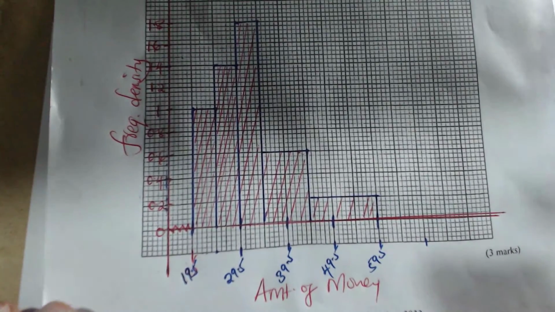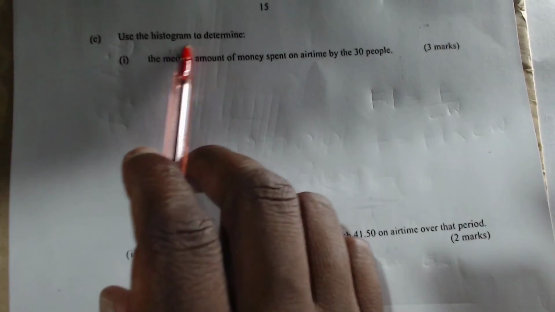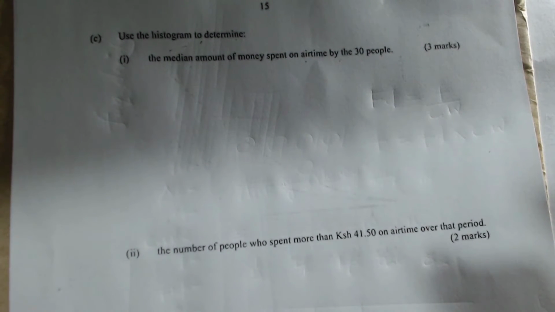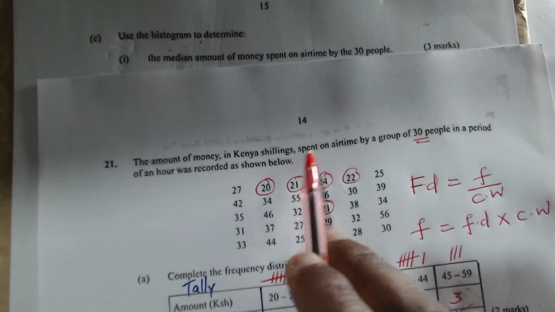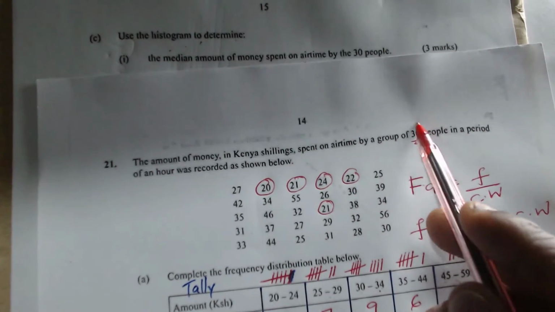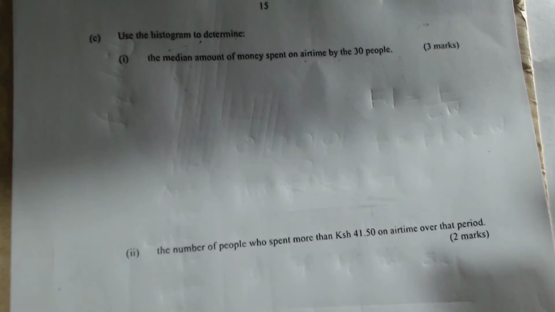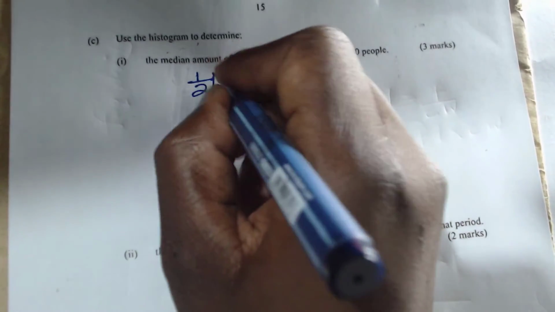Now let's go to the questions, and there we have to answer the questions here. Use the histogram to determine the median amount of money spent on airtime by 30 people. The median. We already know the total number of people is 30. So the position of the median will be given by half multiplied by the total frequency.